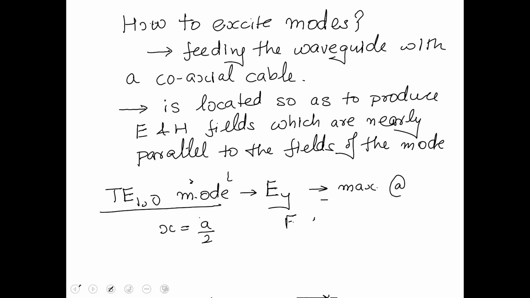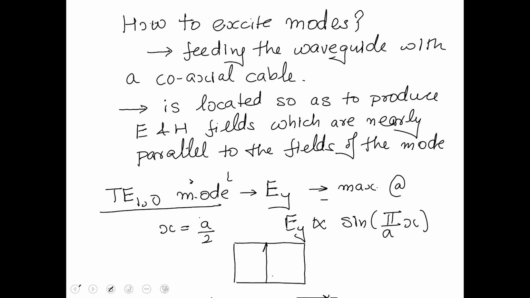Again, remember EY has the form of sine pi by A X. It's a mode where the electric field is going upwards, and as you go further and further away from the center, the electric field intensity starts to go down.